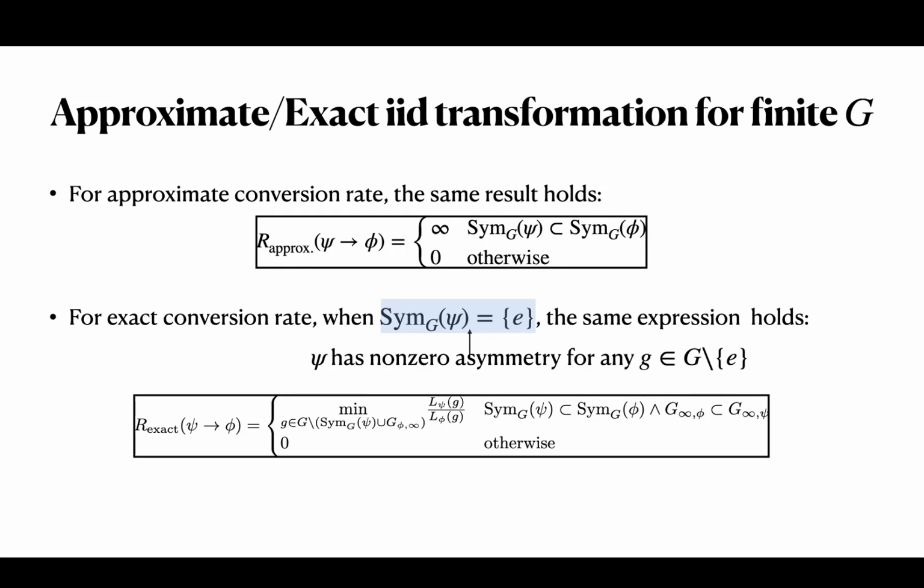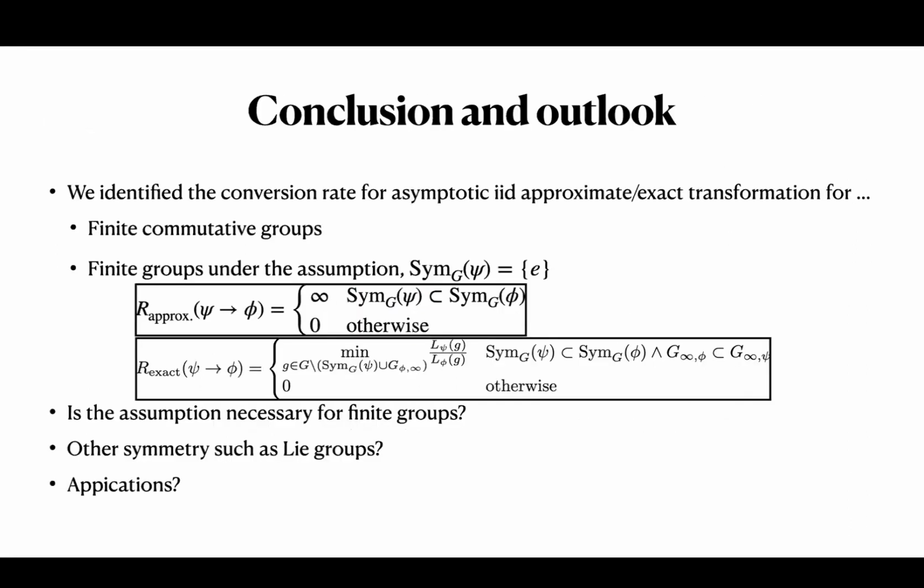This condition means that psi has a non-zero asymmetry for any element of G except the identity. Sorry, we skipped the proof of this, but we can generalize the result to the non-commutative case. This is the conclusion. Thank you for listening.